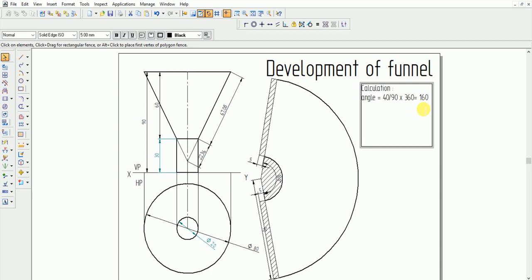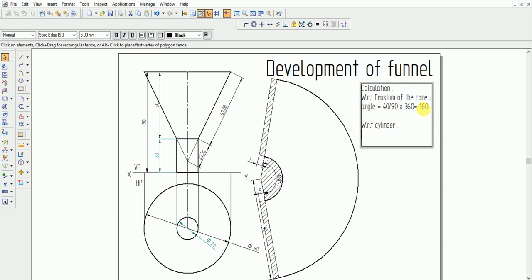This is with respect to the frustum of the cone. Now let us make a few calculations with respect to the cylinder.